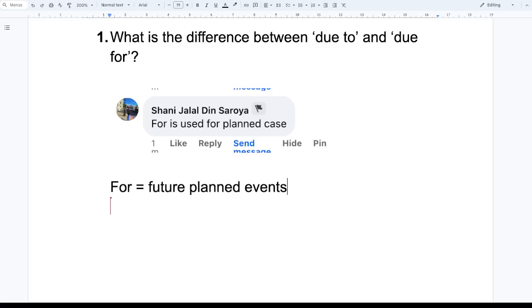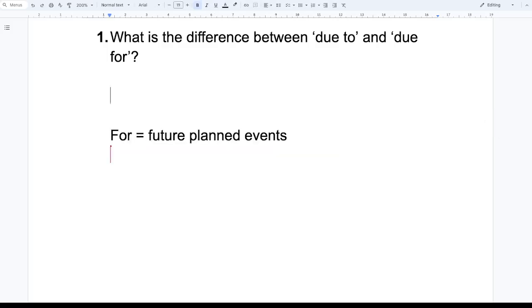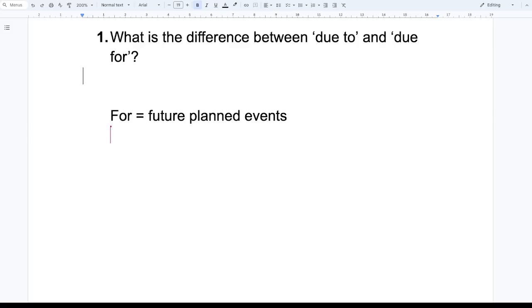Does that make sense, guys? So for is for future planned events. There's many things we can use it for. There's different ones. But he is saying that, for example, Shani, you're saying in the introduction paragraph of OET writing, we can use for planned events. And I think that's right. That is correct.